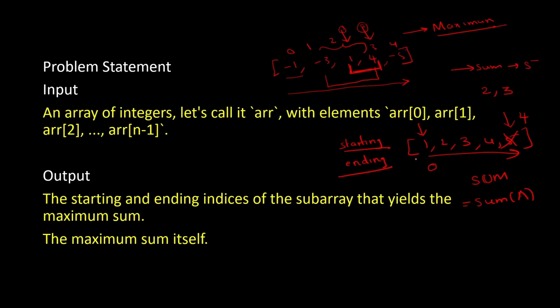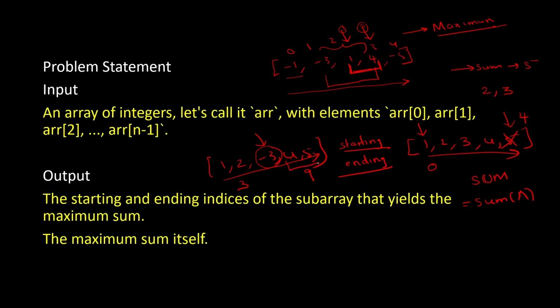But in our case, it's an array of integers, so we will have negative integers also. For example, -3, 4, 5. Here you can't directly sum everything, because you will have -3 in between and the solution would be less. Take this case, 4 plus 5 is 9, 2 plus 1 is 3.